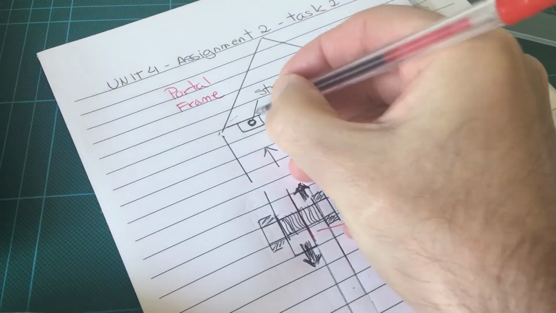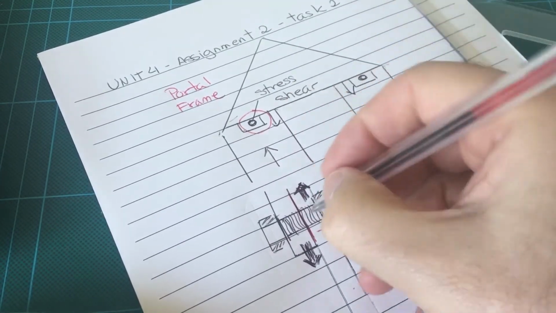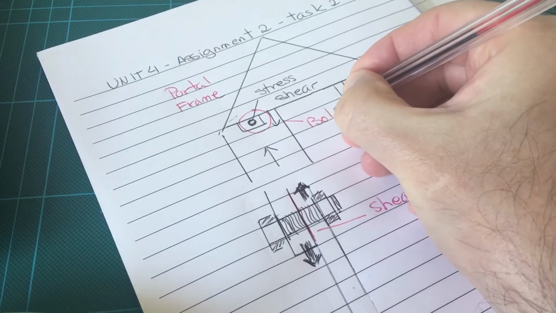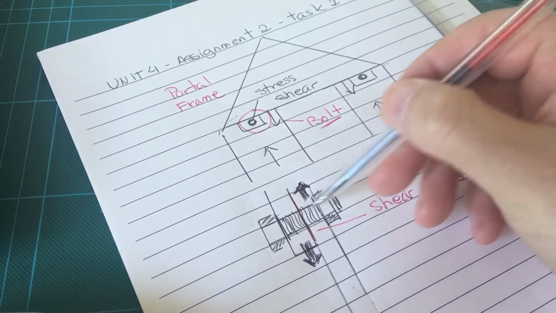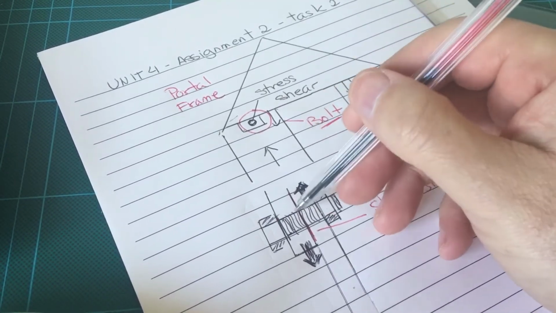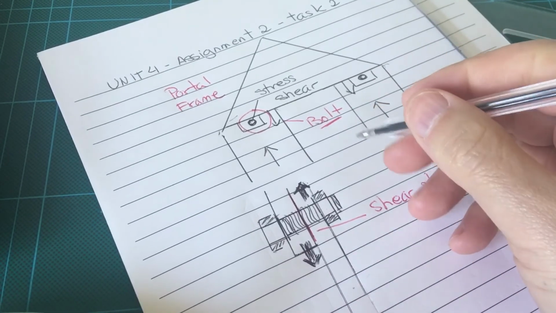Find that bolted joint with a bolt. And then show me a diagram like this, with a bolt holding two plates. Tell me what's happening with the forces.